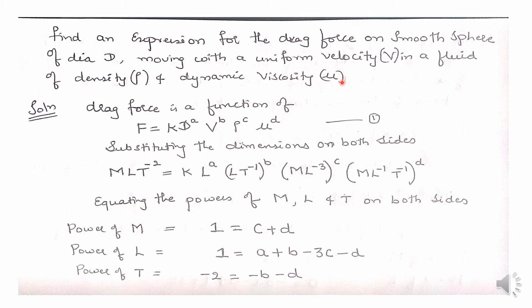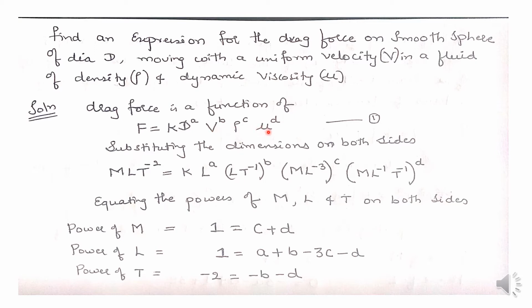In this problem, force F is a variable, and it depends upon the diameter d, velocity v, density rho and dynamic viscosity mu. So the drag force F is a function of diameter, velocity, density and viscosity.